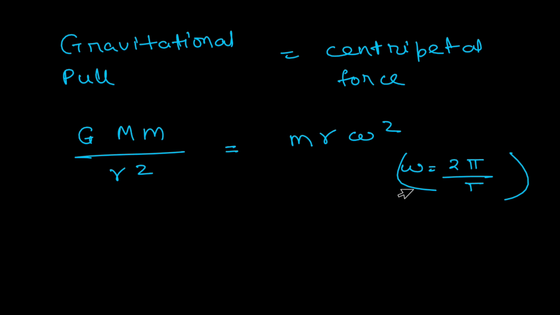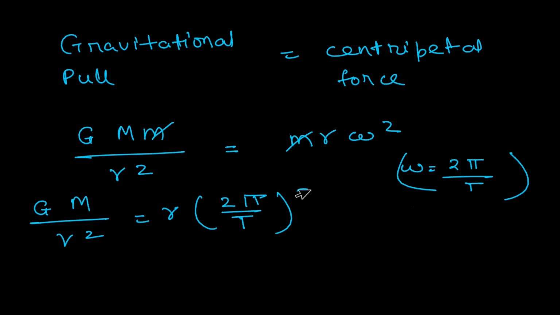So from this we have G, M m will cancel out, and if we take m by r square, it is equal to r into 2 pi upon T whole square. So this becomes GM by r square into r, 4 pi square into T square.